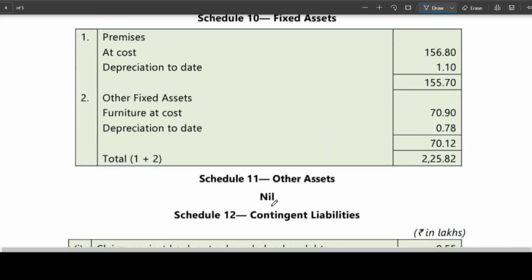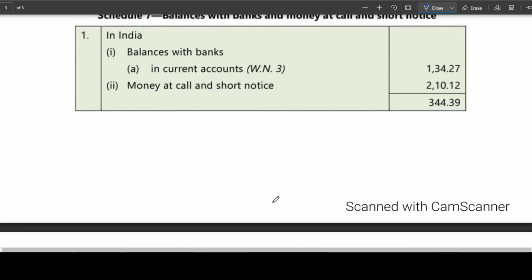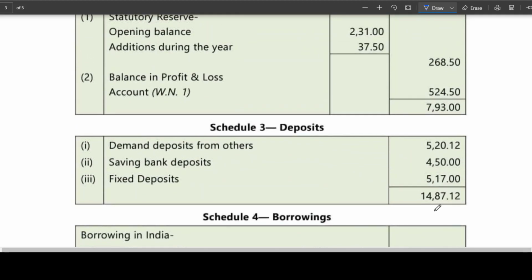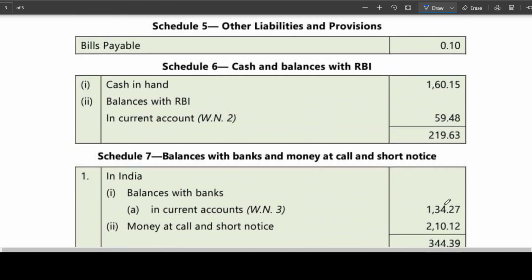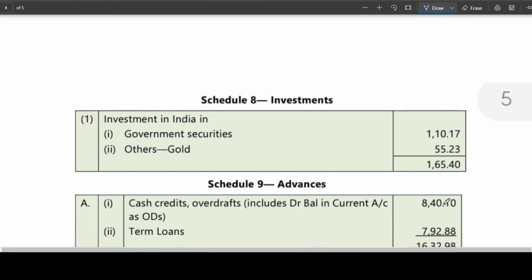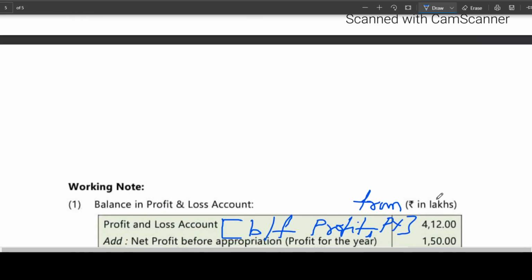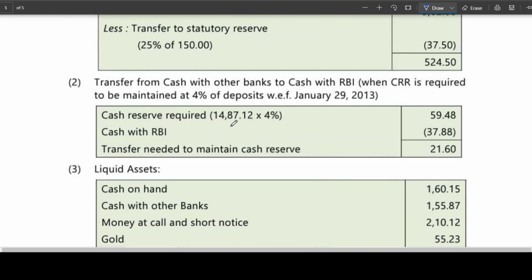Actually, when we work out the deposits column, you can see the bank deposits from others, savings bank deposit, fixed deposit. If you calculate, it's coming to 1487.12. You can see that is what has been got. 1487.12 into 4% comes to 59.48.